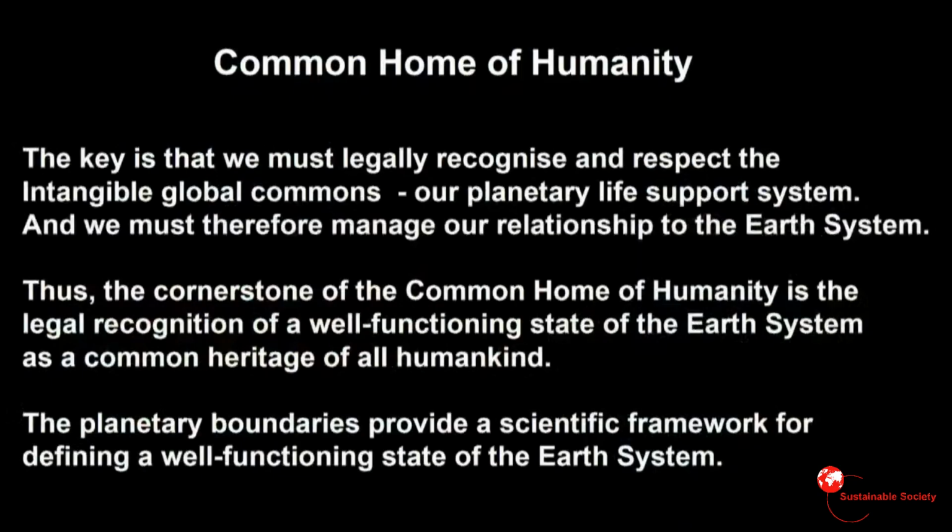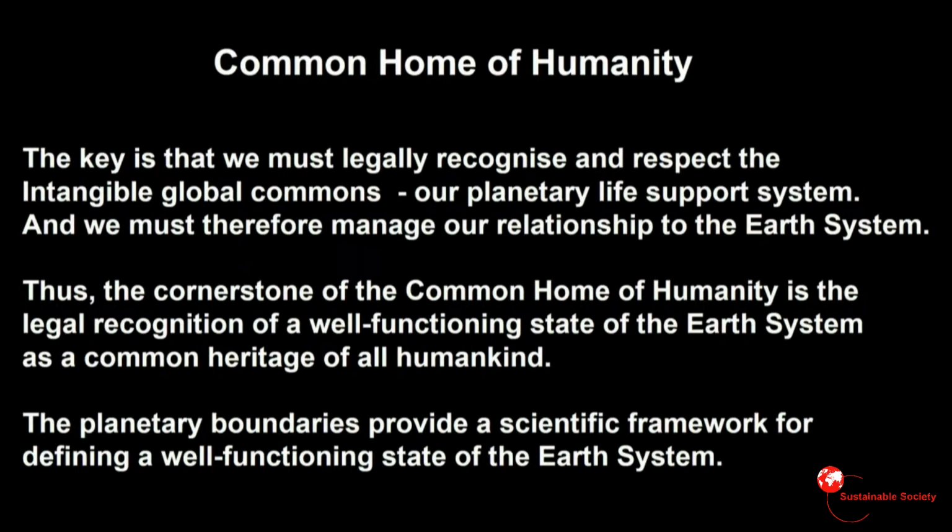Next slide, please. So these are the main points he makes in the Common Home for Humanity, is that we must legalize and respect our intangible global commons. We don't do that yet. So that really is the idea for the Common Home of Humanity, that we need to get a legal recognition and prevent this tragedy of the commons, which is occurring now.